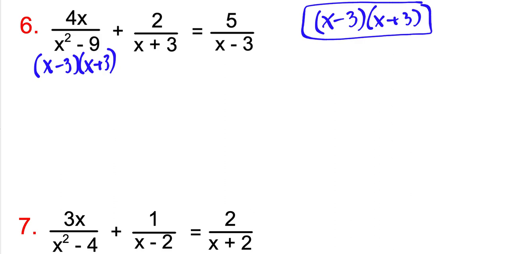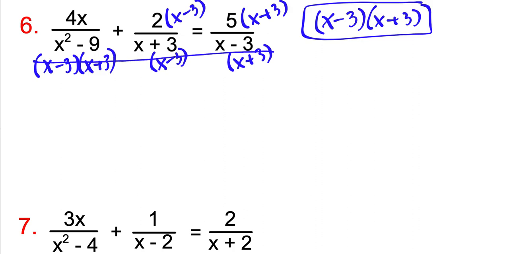Okay, so the thing that's missing here, like this one's already good. It has both of them. So the thing that's missing here is the x minus 3. So we need that here. And then the thing that's missing here is the x plus 3. Okay, so again, we know the bottom is going to cancel out, so we don't have to do anything with the bottom. Now we're just working across the top to simplify. So this one, I have that 4x left on top.